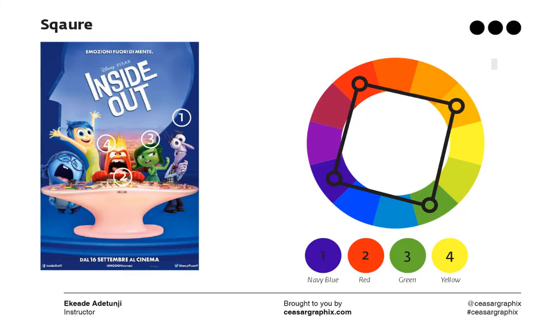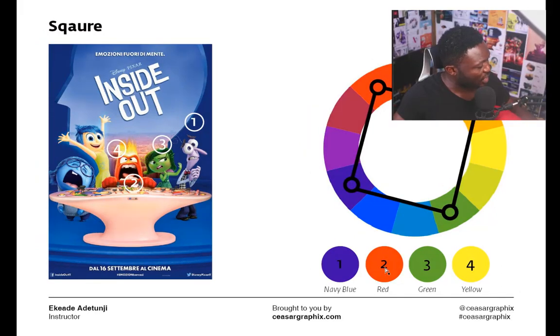So I have these two posters here. The first one is Inside Out. If you look at the guy with the fire on his head, you see this red on it, and then on the background we have blue.